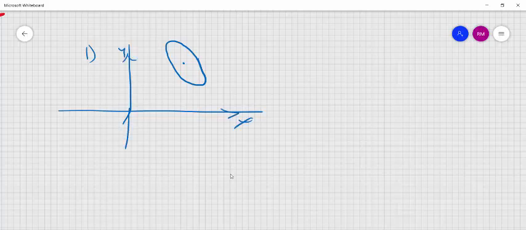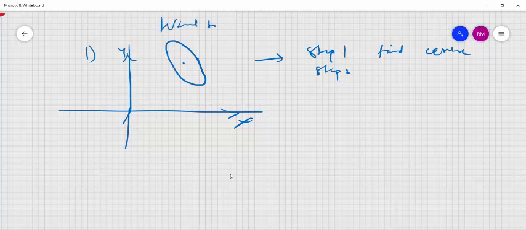What is the next job? Step 1, find the center. Step 2, we have to write it into standard form. So what is standard form? What is our target? We have to write this figure like this.